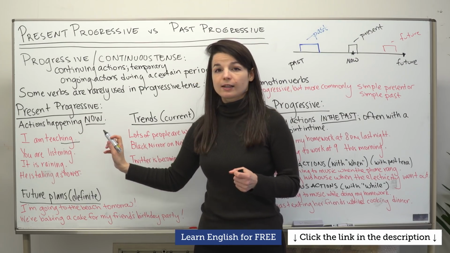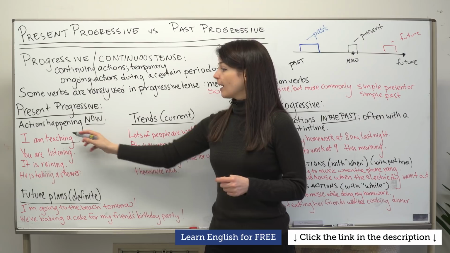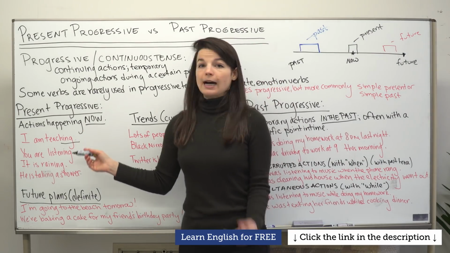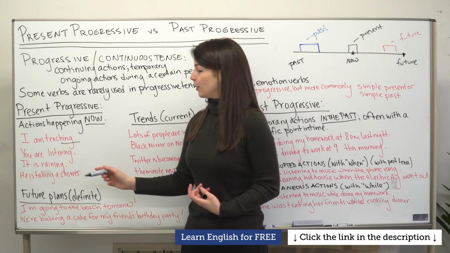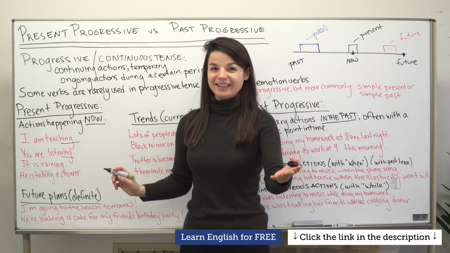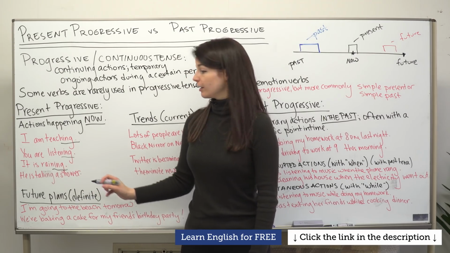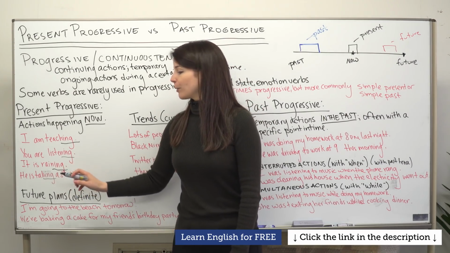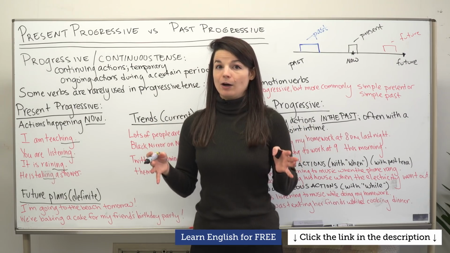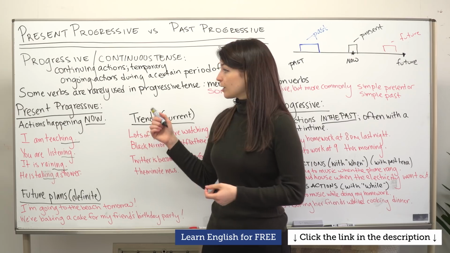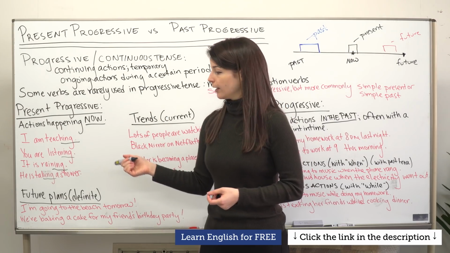So remember, we see the progressive tense in this ing ending on our verbs. In this case, I am teaching. It's something happening now. You are listening, in this case, ing form. It is raining when we talk about the weather, or he is taking a shower. So something that is happening now. It's just a short period of time, a temporary action. We can use the present progressive tense to talk about that.